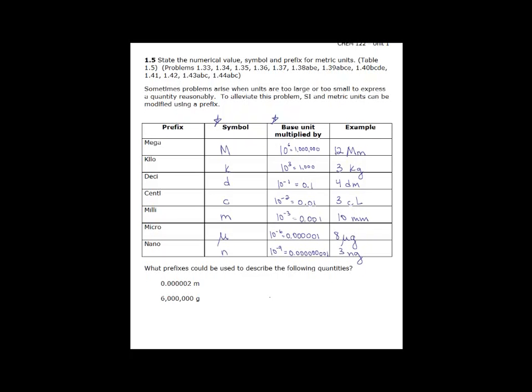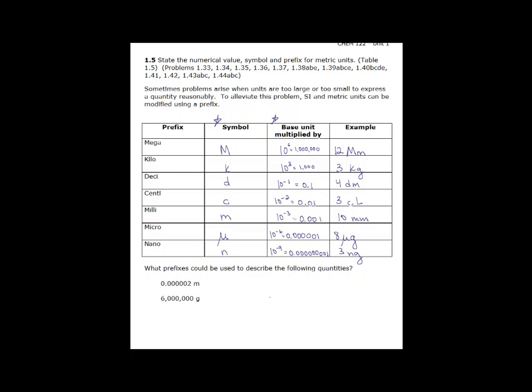So these prefixes are very useful when you have numbers that are too large or too small to use a normal unit with, so just grams or liters or seconds. So instead of writing all these zeros out, you can just use milliliters or megameters.